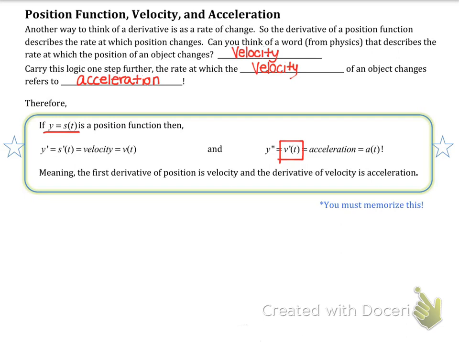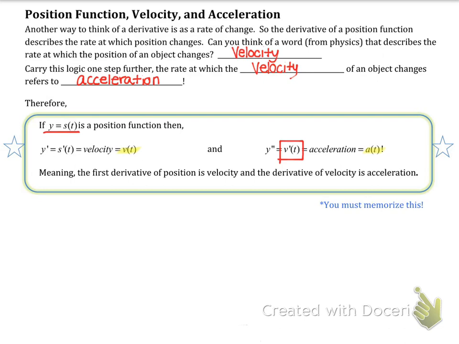So we have a symbol for velocity. Our velocity is v of t and our acceleration is a of t. Meaning the first derivative of a position is velocity and the derivative of the velocity is acceleration. Again, you must memorize that.